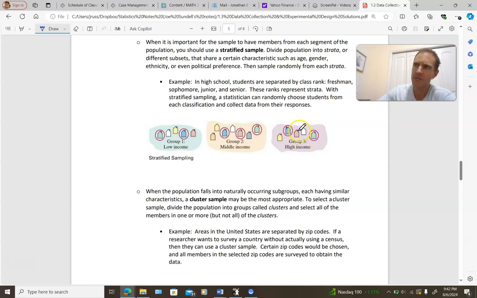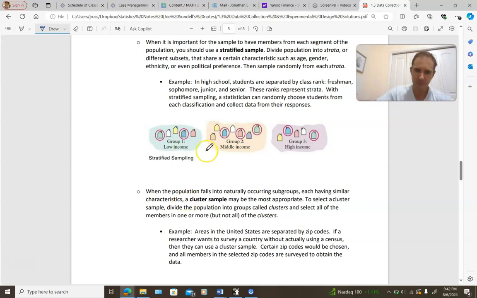And lots of times the size of each of these samples is equal. Okay, so that attempts to ensure that your sample is going to be as representative of the population as possible. Because we know not everybody's a low-income earner, right? Lots of populations, guys, are naturally segmented.